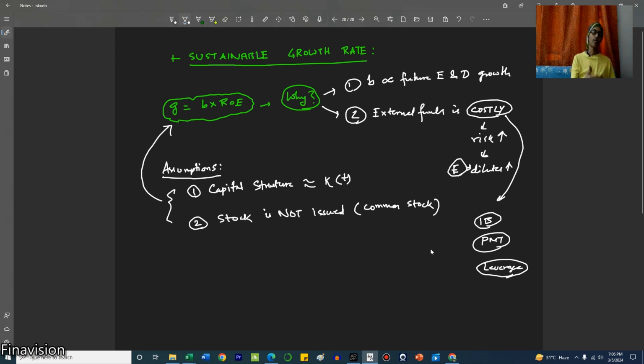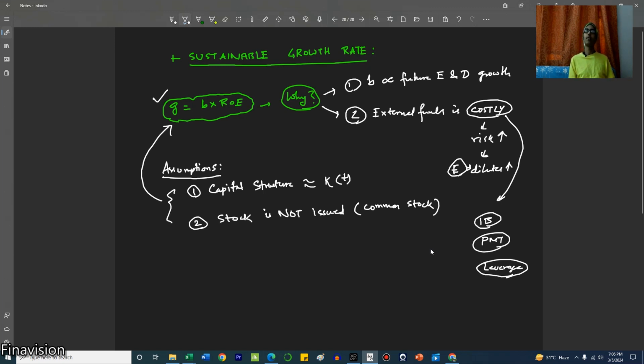If you are issuing equity, you are obviously diluting your capital structure of equity stakeholders. So these are the basic ways to understand why we use this expression as a sustainable growth rate, a simple expression for sustainable growth rate.